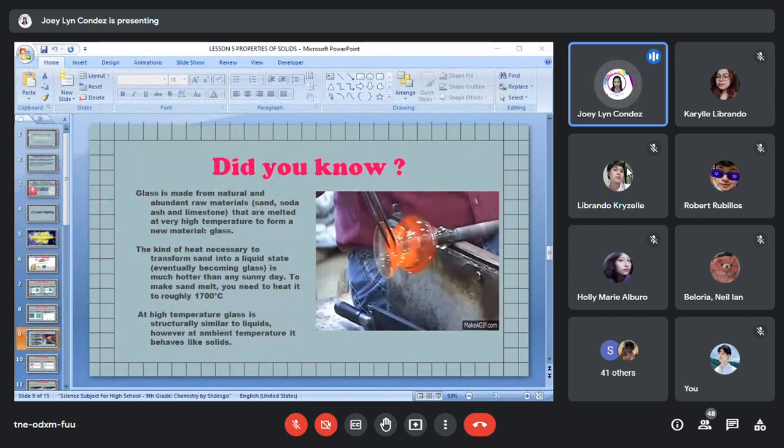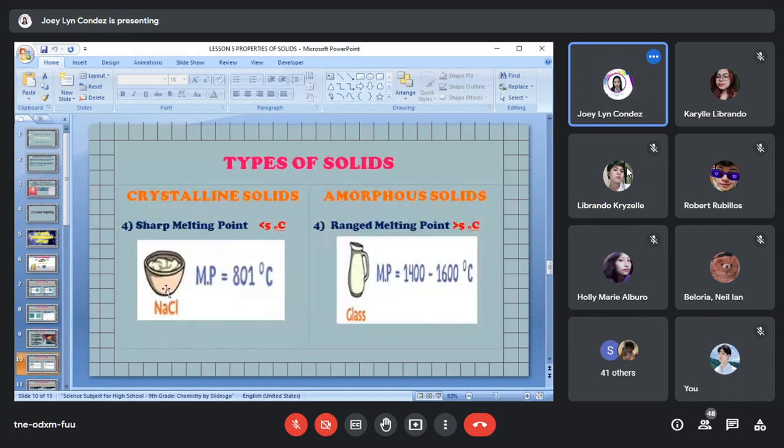So the particles of glass are the same as liquid particles at high temperature, like 1700 degrees Celsius. However, at room temperature, meaning 23 or 25 degrees Celsius, glass behaves like a solid. But glass again is an example of an amorphous solid.